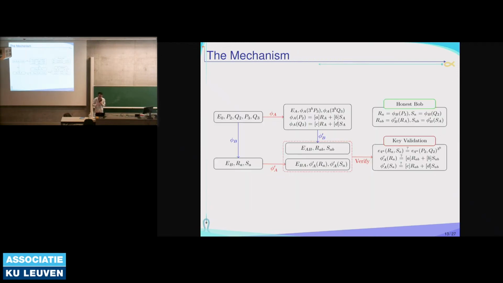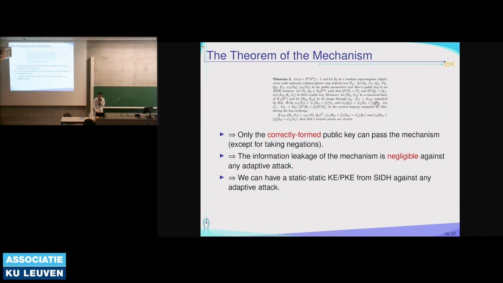So with this key validation mechanism, they also provide a proof of this mechanism, and the theorem is very strong, which means that only a correctly formed public key can pass the mechanism. So if Bob manipulates the point, then Bob will always get rejection from Alice.